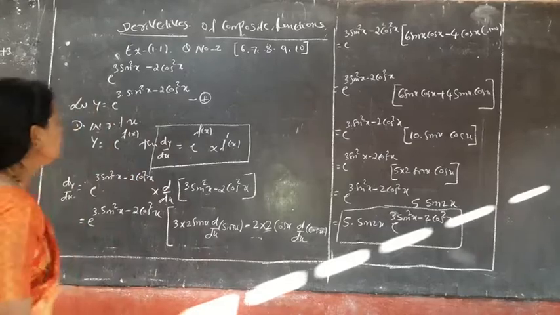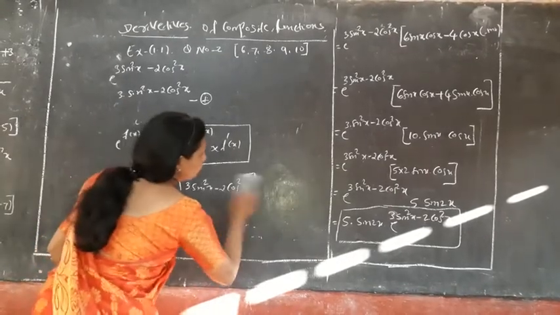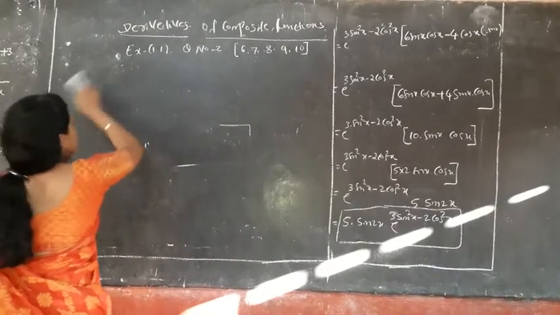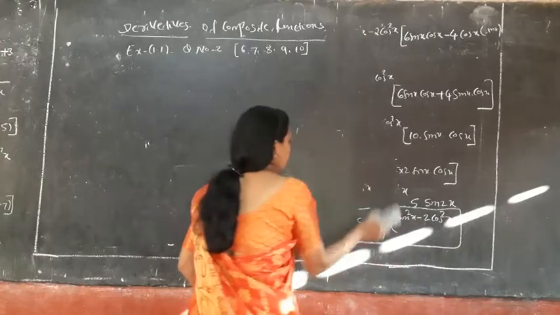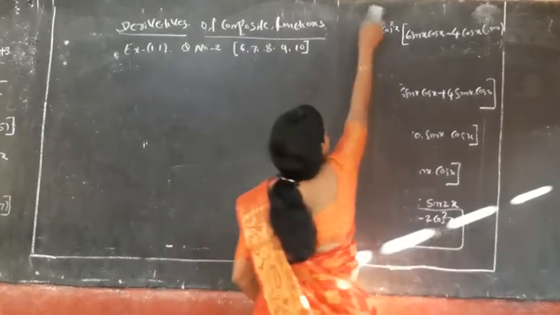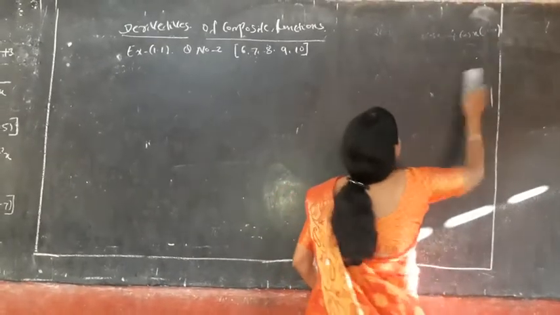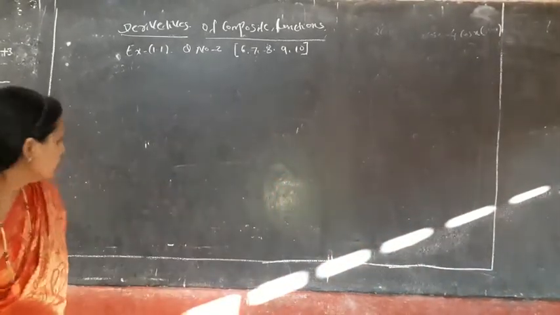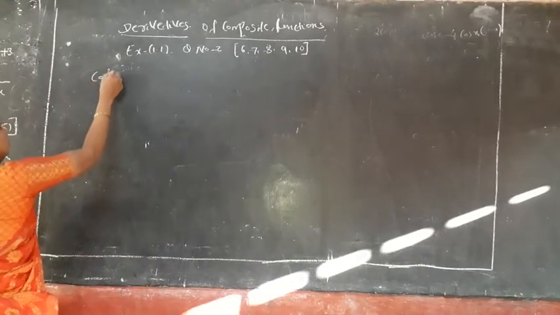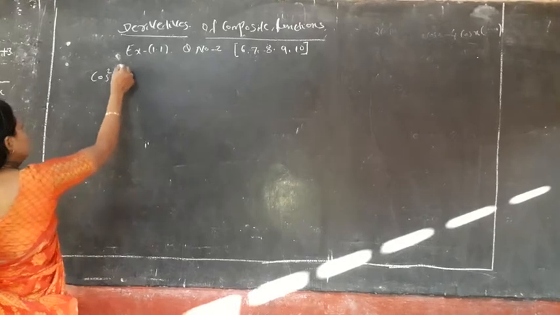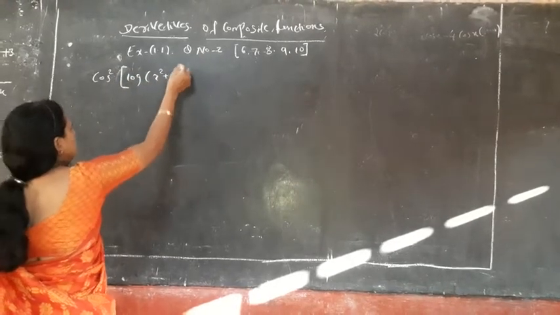Next, consider the last example. The last one is cos square log of x square plus 7.